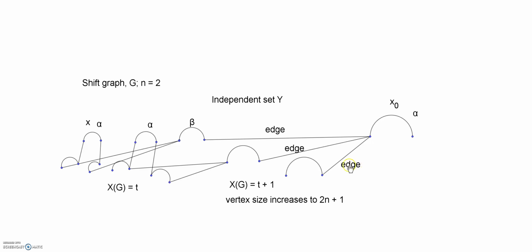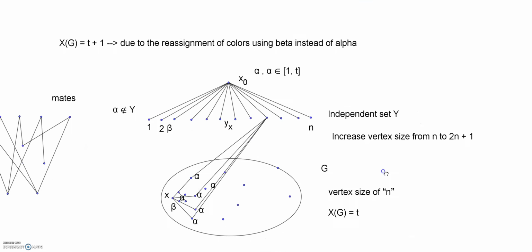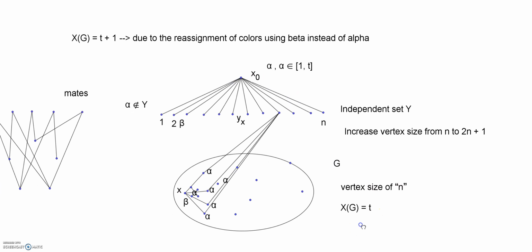But the greatest takeaway from shift graphs and relating to the Mikulski construction was that by increasing the vertex size to 2n plus 1 and changing our notion for some cases, those being the connections between x naught and the vertices in the independent set y, changing those to edges and not being vertices, we do see that the chromatic number does increase to t plus 1, and that should make sense. So if you scroll all the way back down here to the original Mikulski construction, we find that we were able to increase the chromatic number to t plus 1.